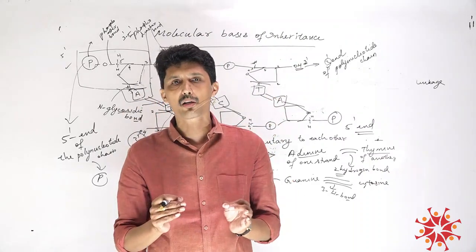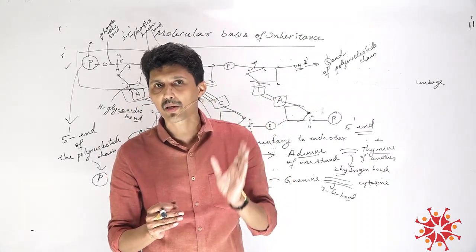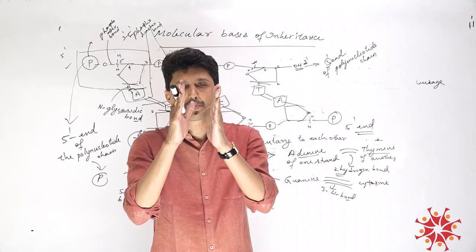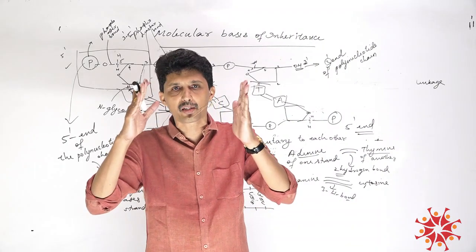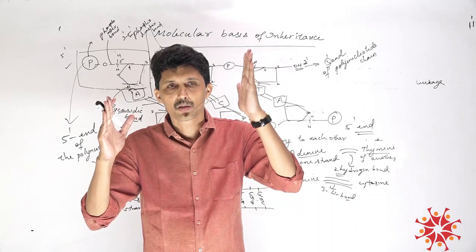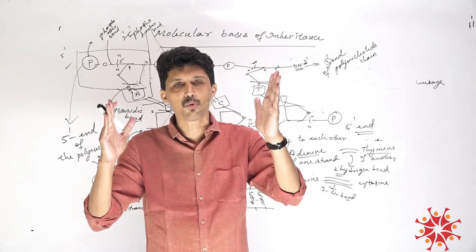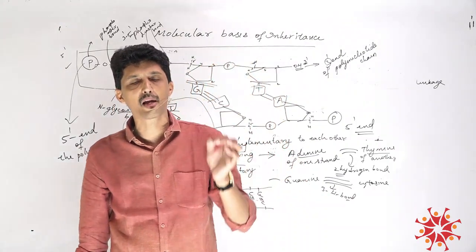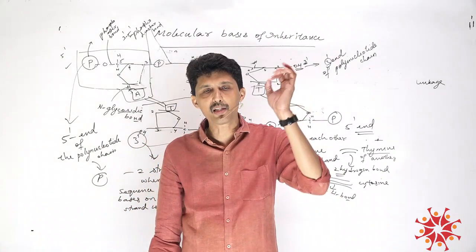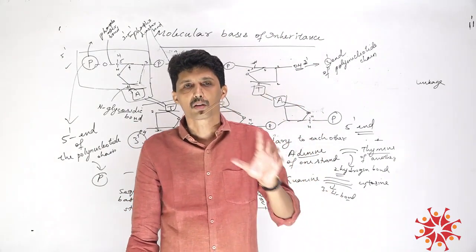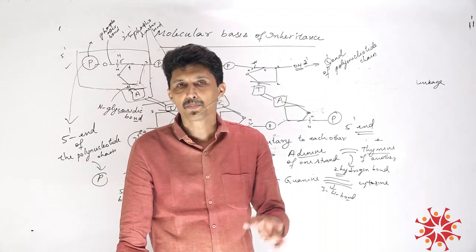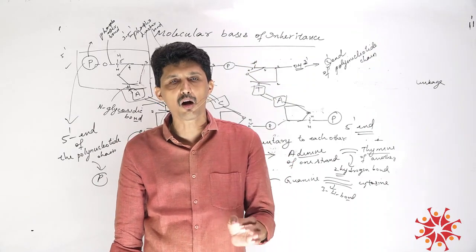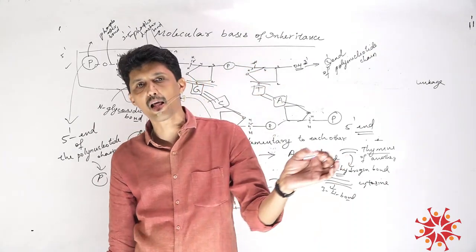According to that model, which is now accepted, when the two strands of DNA separate, each parent strand will form a daughter strand with complementary base pairing. So when the DNA replicates semi-conservatively, the two daughter DNAs which are formed are exact replicas of the parent DNA as well as each other.